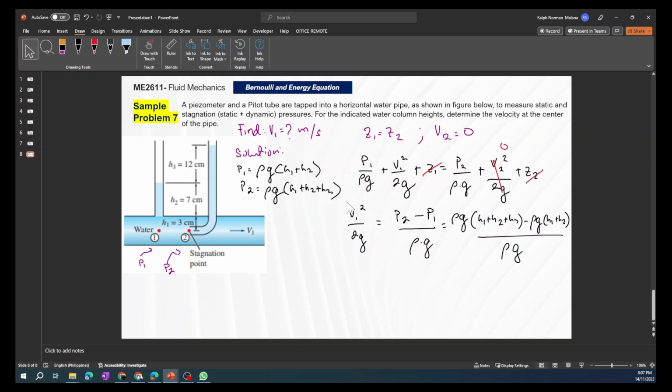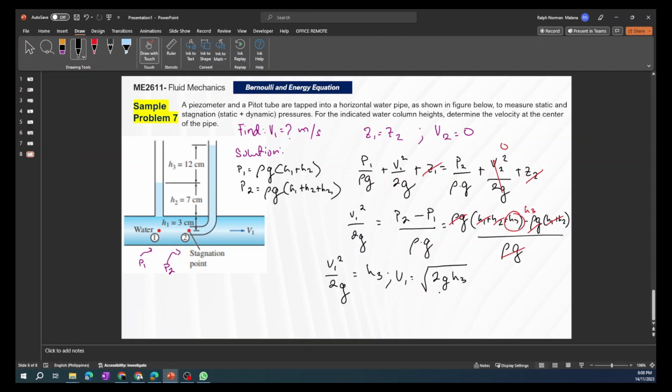This will cancel out, H1 minus H1, and H2 minus H2, leaving you only with H3. So the new equation here would be V1 squared over 2g is equal to H3. To determine the velocity, isolating V1, it's simply the square root of 2g H3.